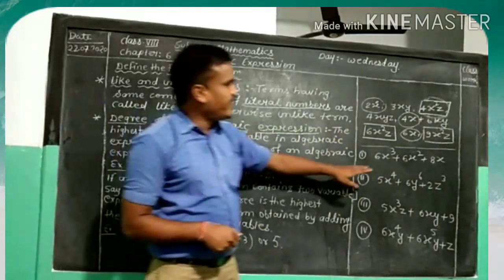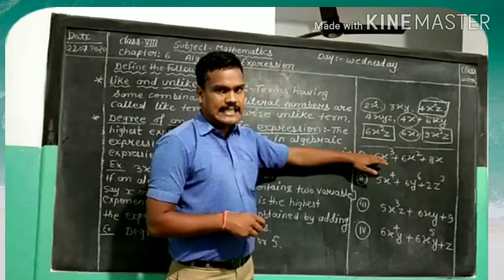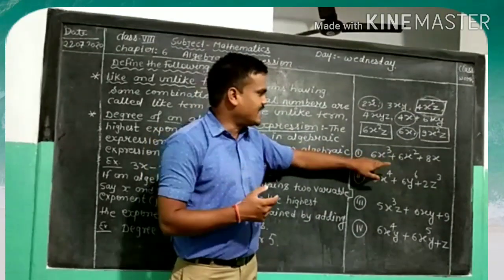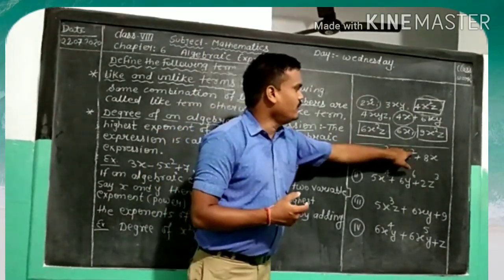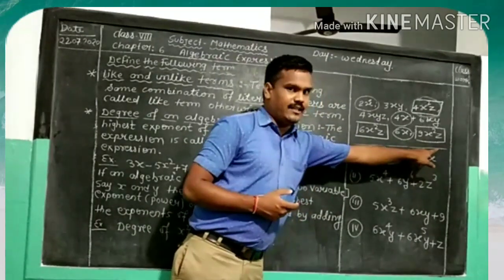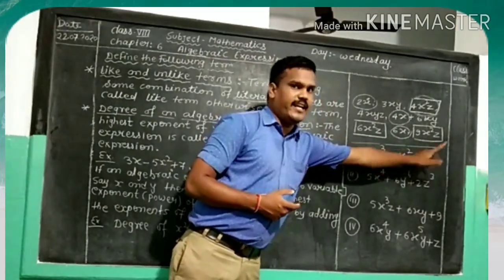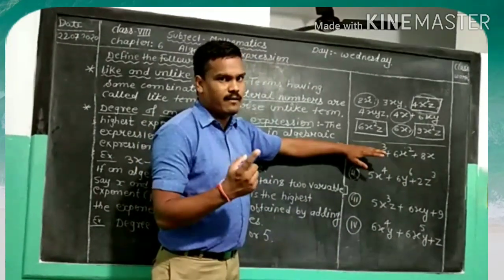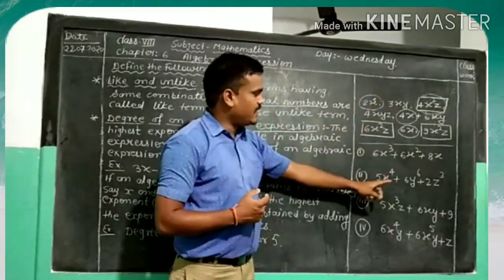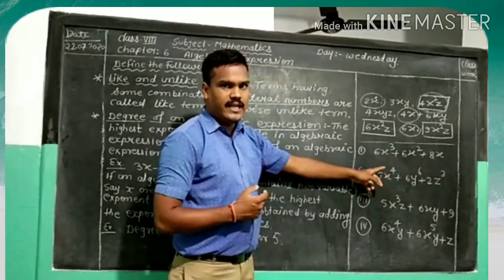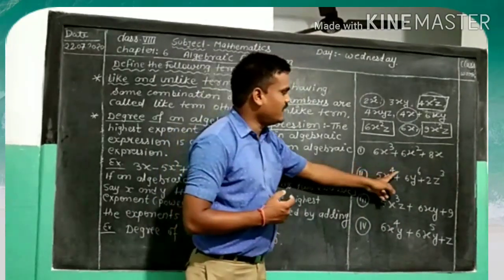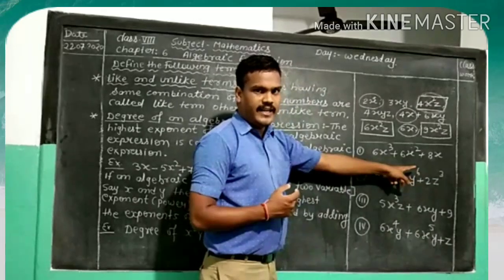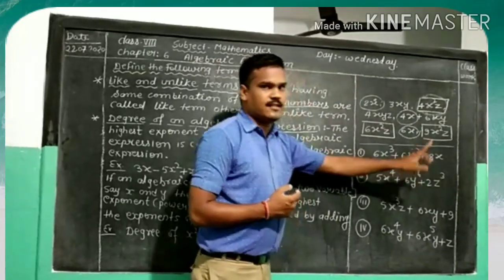So what is the degree of this polynomial? Just see the highest power. The highest power is 3, 2 and here nothing, means 1. 1 is hidden. So the degree of the polynomial will be the highest power, means 3. But in this part, the highest power is 6, so the degree of the polynomial will be 6.